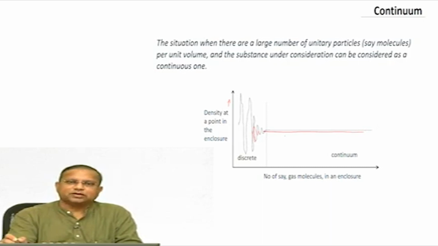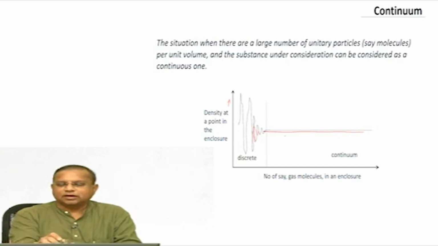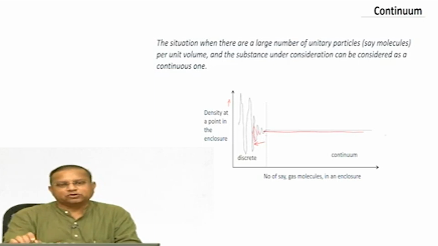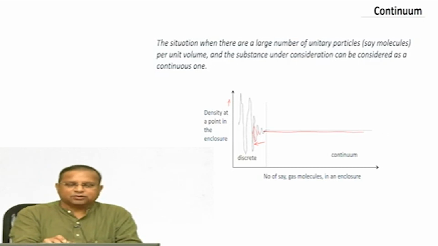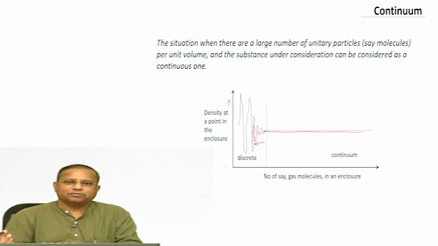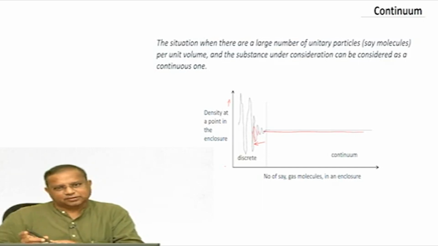This is the region where classical thermodynamics is applicable. Classical thermodynamics is not applicable in this region where the principle of continuum is not applicable. However, statistical thermodynamics is applicable over the entire region, and that part will be taken up in the last 10 hours of this course by Professor Sanjeev Senapati.